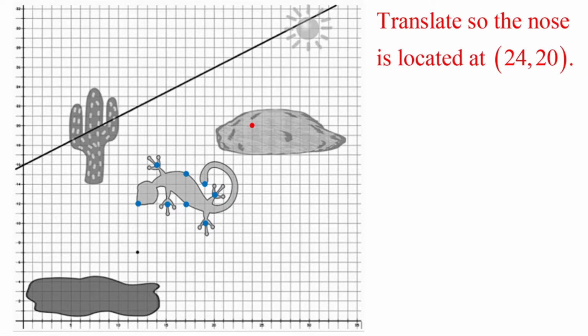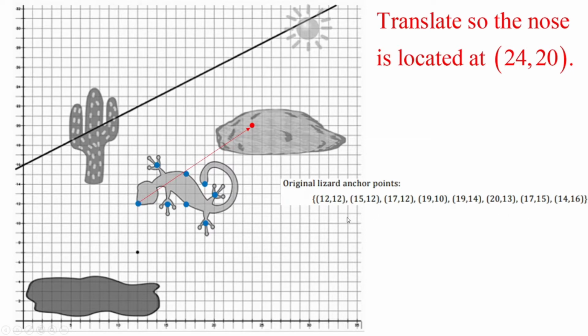So we're translating. That means we're going to slide this entire lizard so this tip of the nose ends up right there. Okay? Now, let's think about that. We're going to do that with every original anchor point on this lizard, and then the computer can draw the perfect lizard for us.